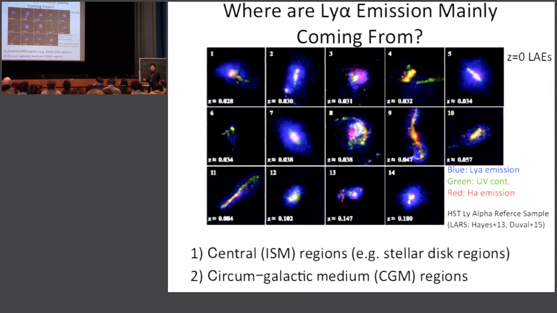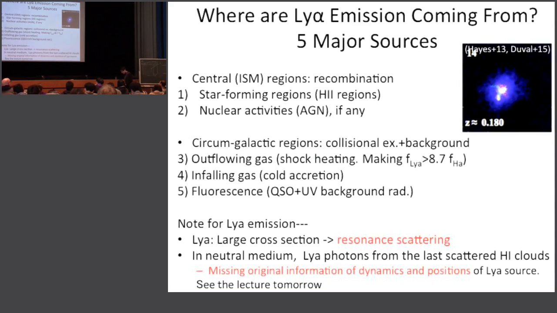So from the observations, Lyman-alpha emission comes from two regions. One is the central interstellar medium regions, or within the stellar disk, or H2 regions. And the other is the circumgalactic medium that does not have many stars. So then I show another difficulty. Lyman-alpha emission line, sources.